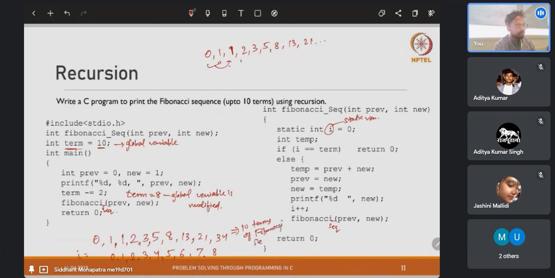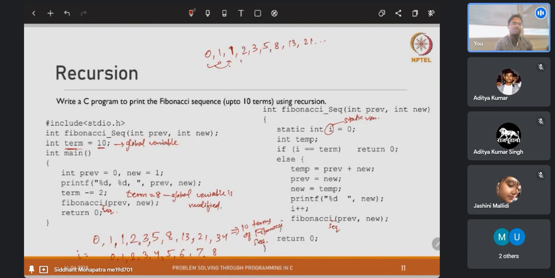So you can see how the static int variable I here helped us in knowing the number of terms of the Fibonacci sequence that we were calculating, because its value did not get destroyed from function call to function call, because it was a static variable.